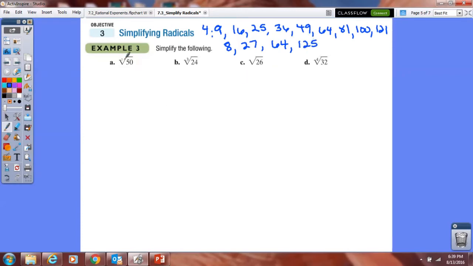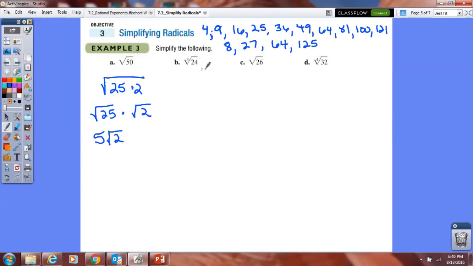So let's look at the square root of 50 and let's break it into factors. Let's do the perfect square factors. Of course, if we look, we see that 25 is a factor, so 25 times 2, we can separate those two out as the square root of 25, the square root of 2, which will be 5 square root of 2.